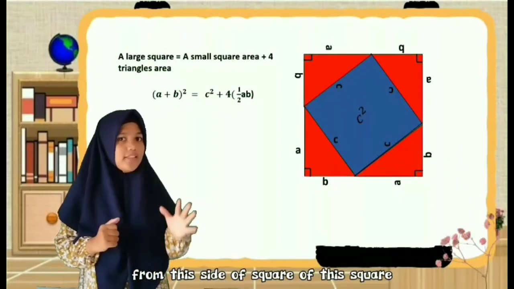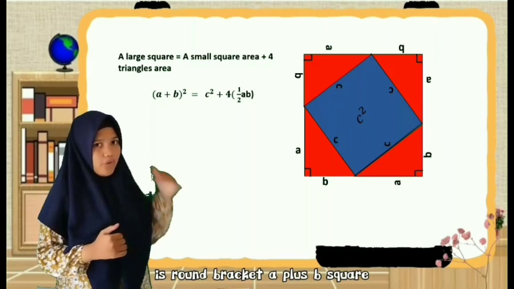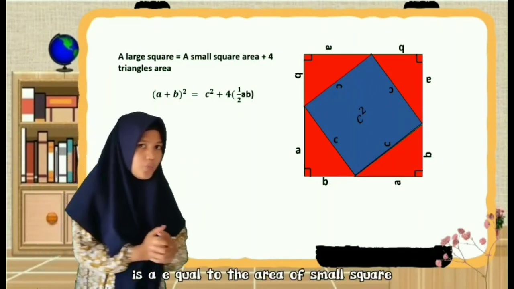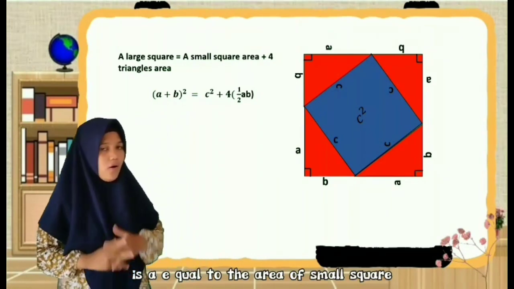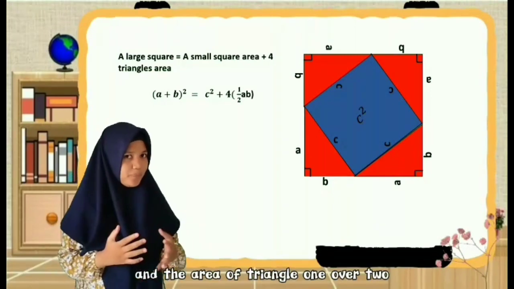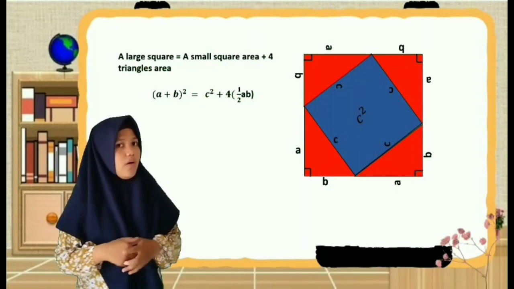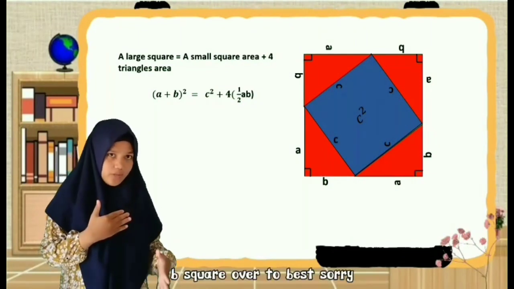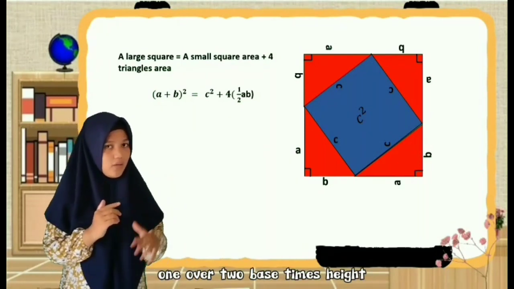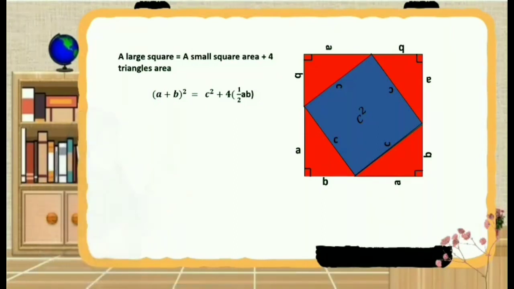From this, the side of this square is (a plus b) squared, which is equal to the area of the small square, c squared, plus the area of 4 triangles, where the area of a triangle is 1/2 times base times height.